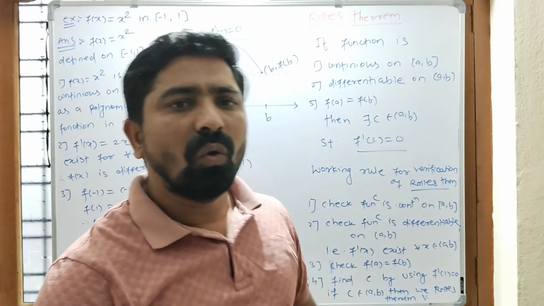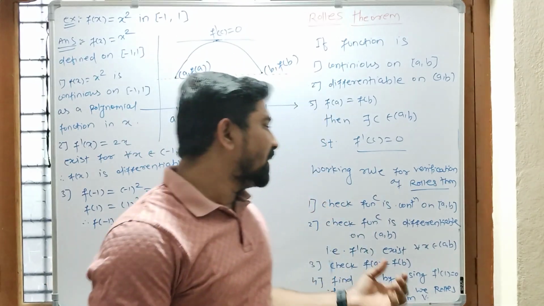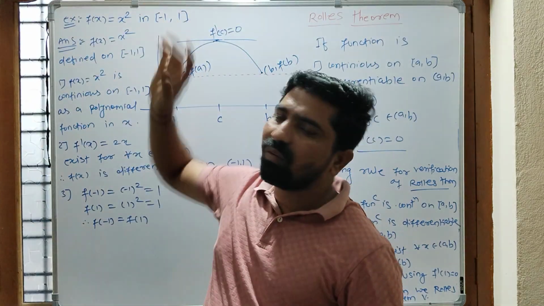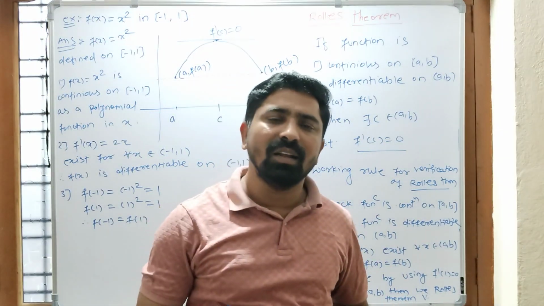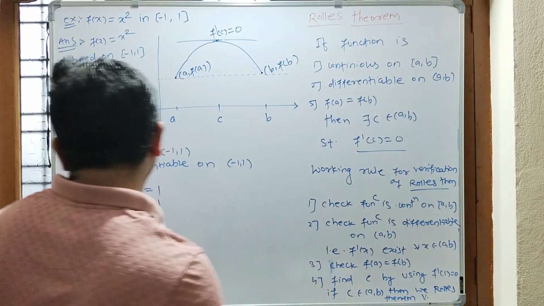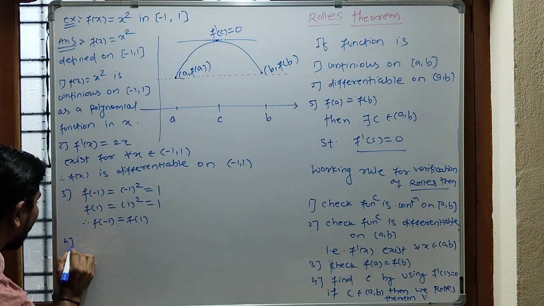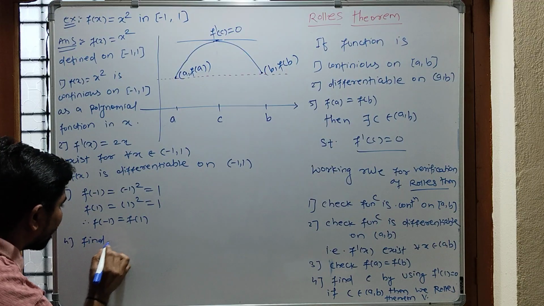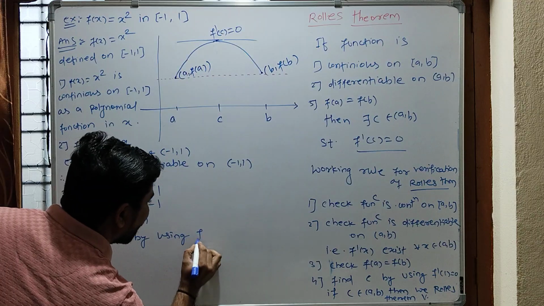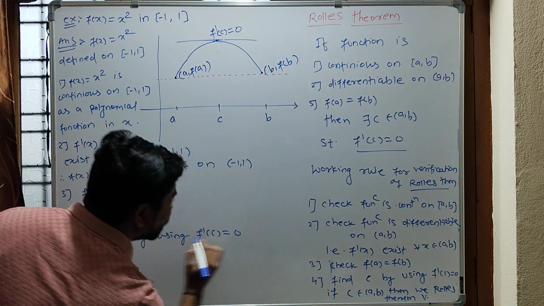Now we have to find the value of c by using f dash of c equal to 0. If c belongs to this open interval -1 to 1, then we say that the given function satisfies the condition of Rolle's theorem. Now here fourth condition, find c by using f dash of c equal to 0.